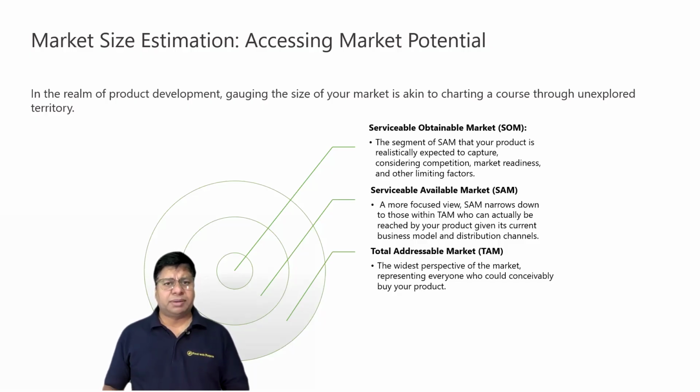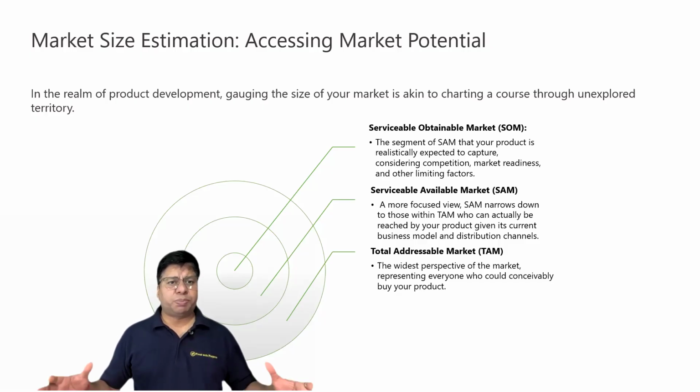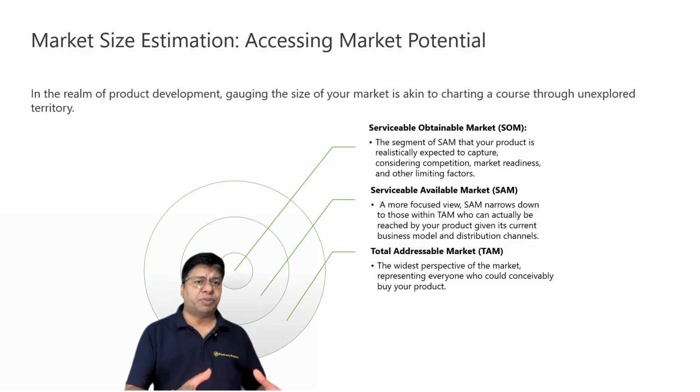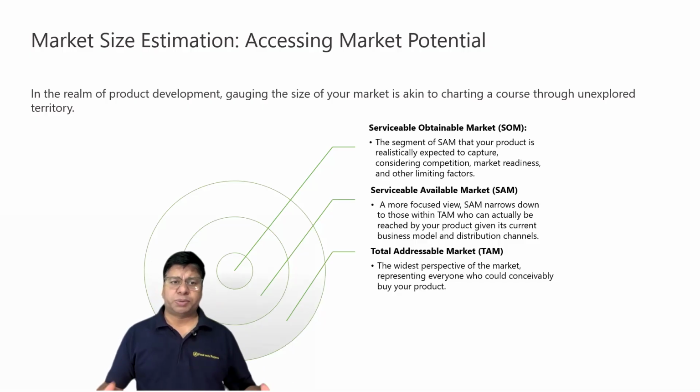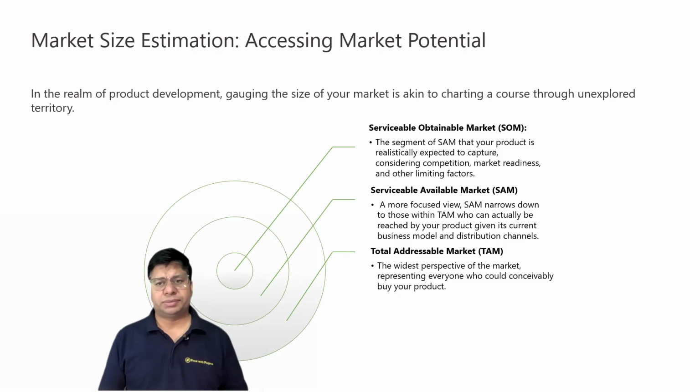It usually comes in three different layers. What is total addressable market? The biggest possible universe, everyone who could benefit from our product. This is the widest perspective. Everyone who can buy your product.